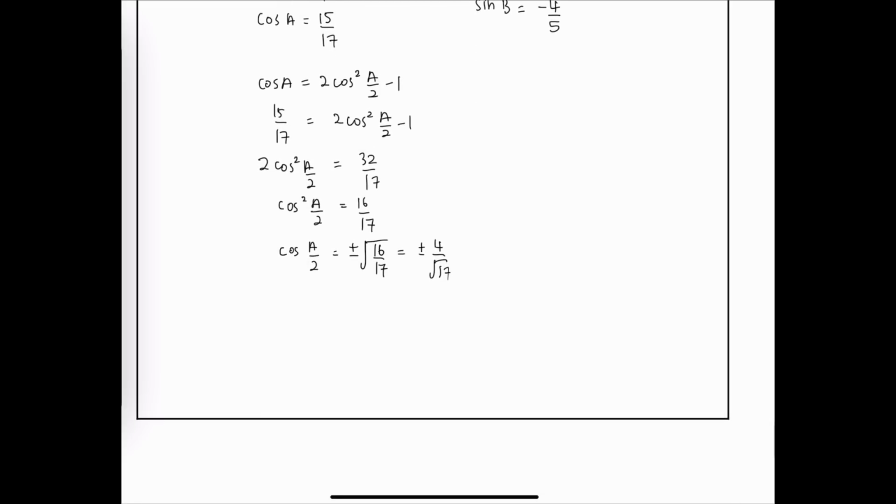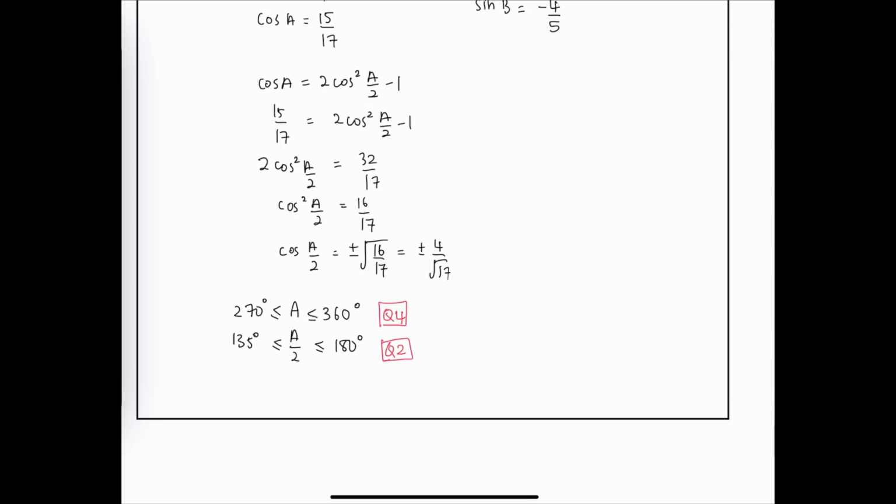Okay, let's think now. You have two different values for cos A over 2. We start off with A from 270 to 360, which is in the fourth quadrant. Now the angle has become A over 2, so we halve it to 135 to 180, which is in quadrant 2.